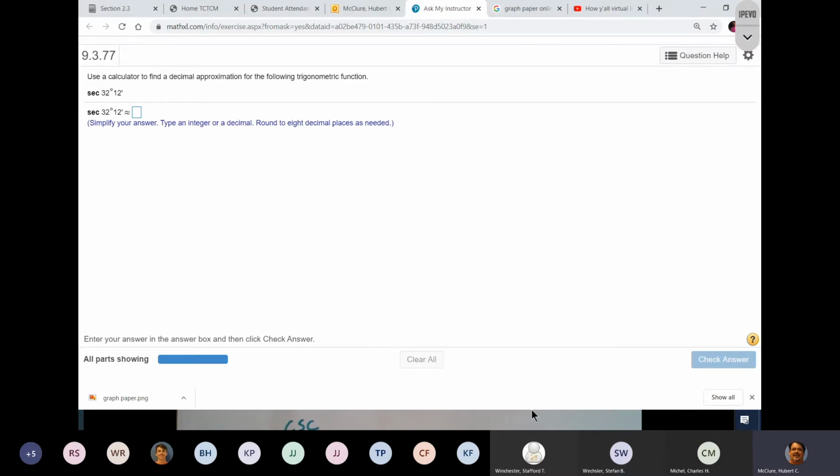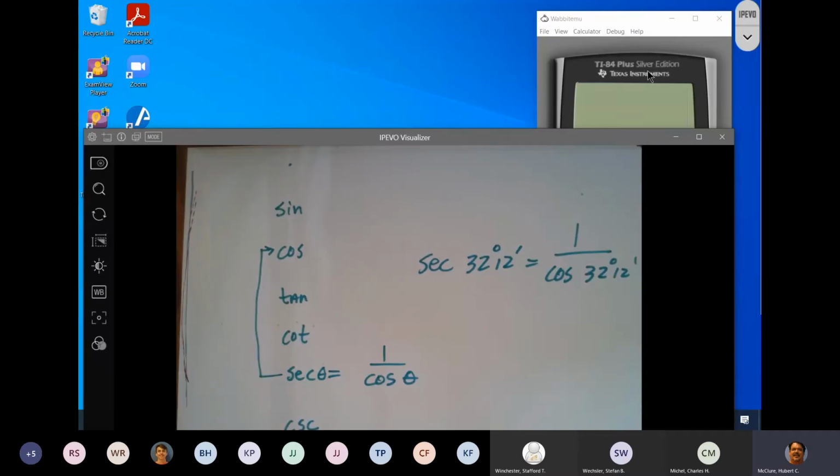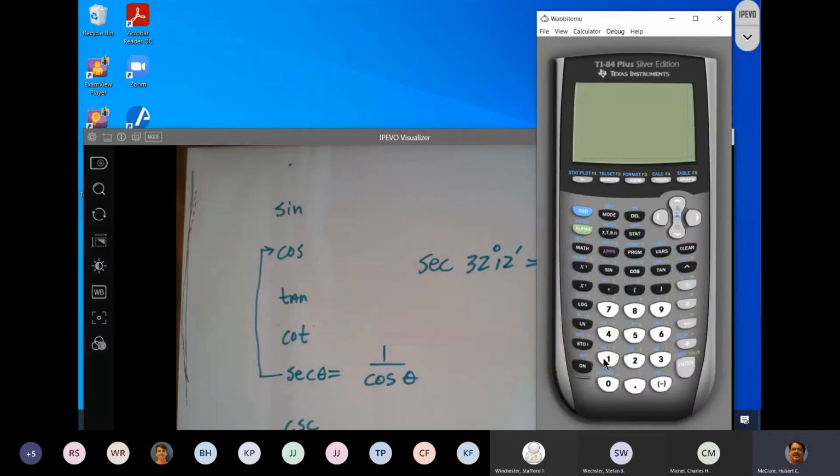So take your handy dandy calculator that I just lost. Turn it on first. Make sure it's in degree mode. So mode, and I'm going to go down to degree. Usually it stays on degree mode. All right, so 1 divided by, parentheses, cosine of 32 degrees.